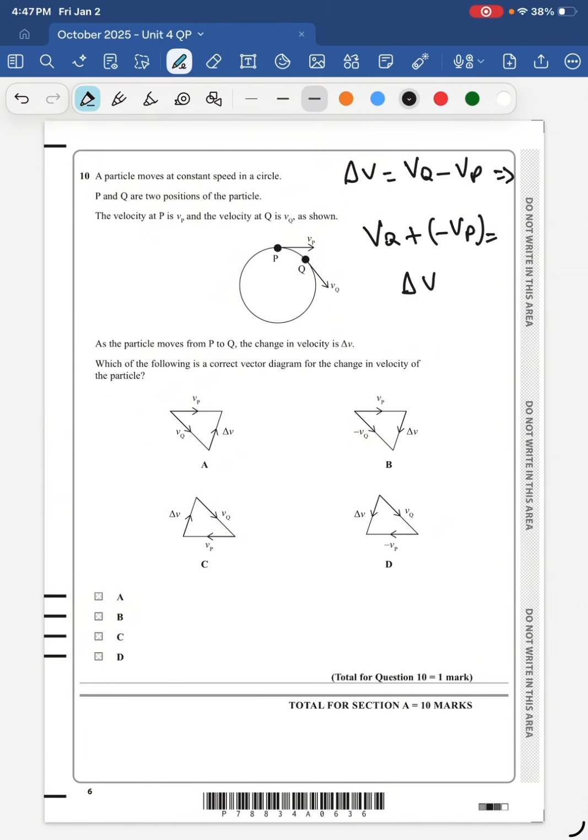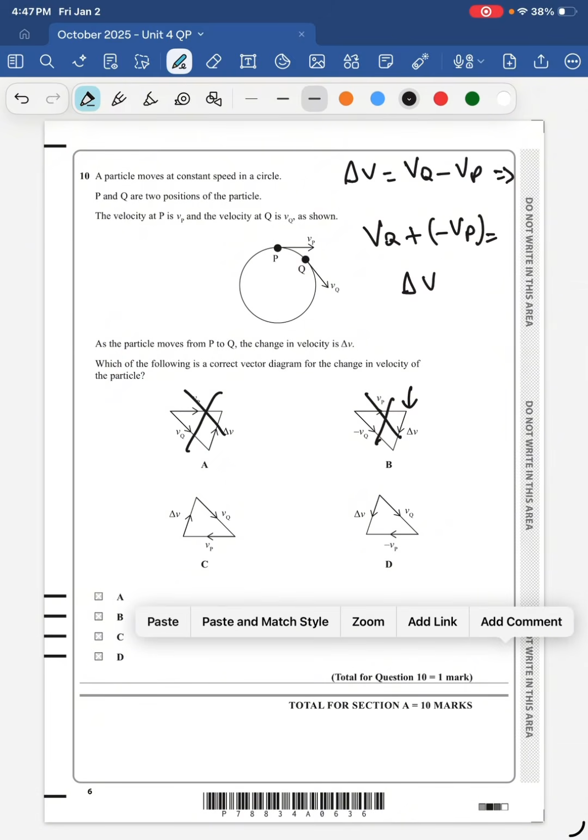First of all, A is wrong because it tells you that Vq plus delta V is Vp, so that's wrong. Then if we go to B, we see that it tells us that Vp plus delta V is equal to minus Vq, so that's wrong. C tells us that Vp plus delta V is Vq.